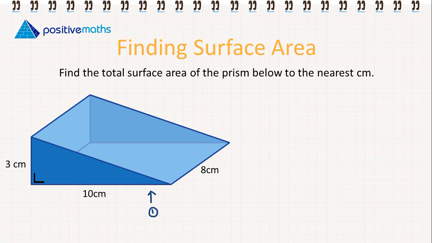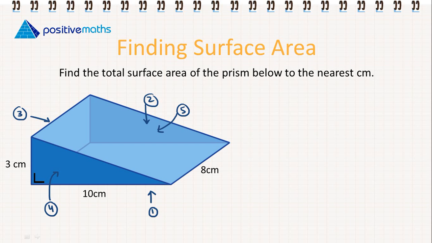Okay, we have a rectangle at the bottom. Just going to label that number 1. So that's the bottom. We also have this rectangle at the top. That's 2. We have this side over here, which is 3. We have the front, we're going to label 4. And we have the back, we're going to label 5.